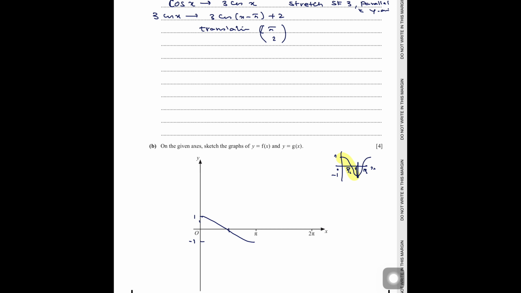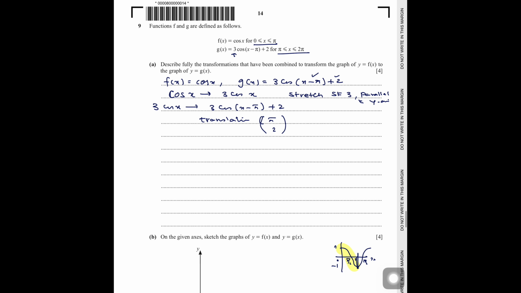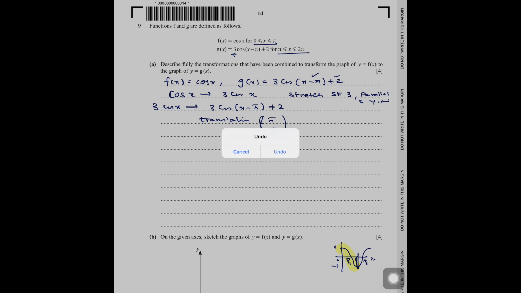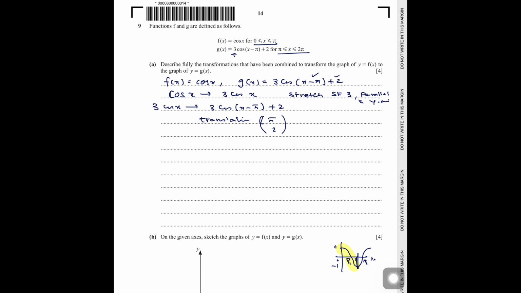Next. Now, first, the graph is stretched by scale factor 3. Scale factor 3 makes it: -1 is less than or equal to cos x, which is less than or equal to 1, multiplied by 3, so -3 is less than or equal to 3 cos x, which is less than or equal to 3. So this becomes 1, 2, 3.